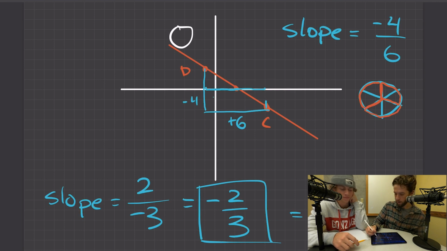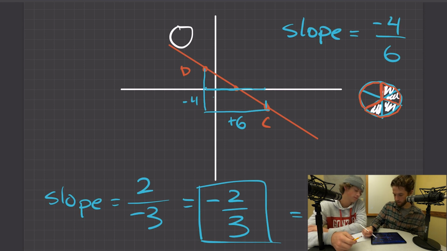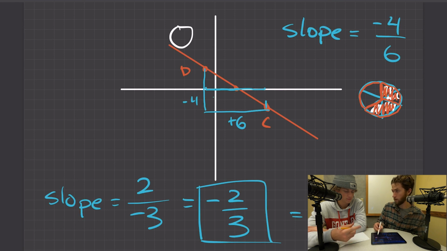Or 1/6, 2/6, 3/6, 4/6. 4/6 is the same as 2/3, leaving behind 2/6, aka 1/3. This is just a fun little thing with fractions. Basically meaning 4 compared to 6 is the same ratio as 2 compared to 3. My quick math is not that good.